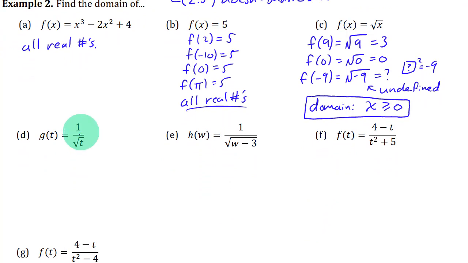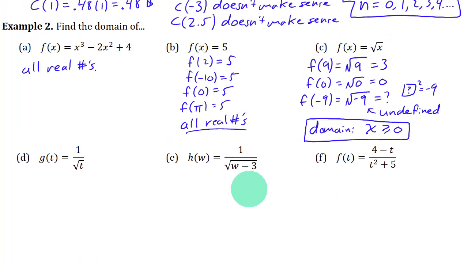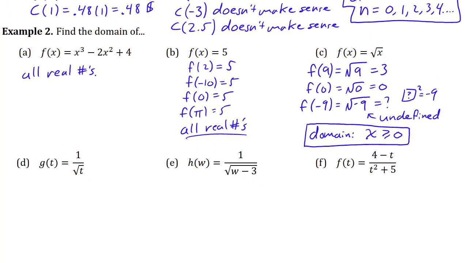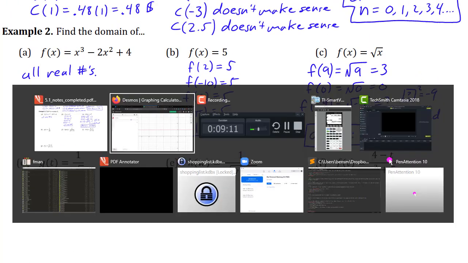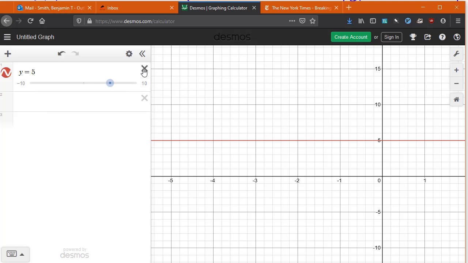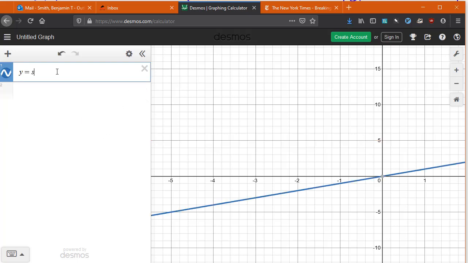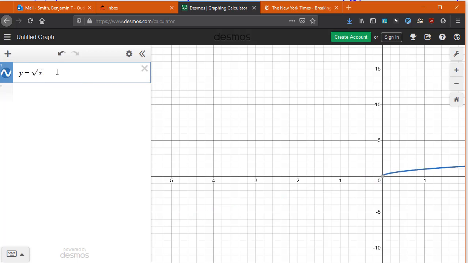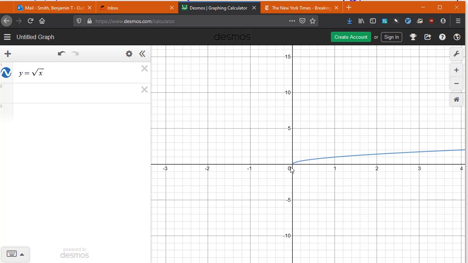So what if you have 1 over the square root of t? Oh, and by the way, before I go on to part D, what I wanted to do is look at a graph really quick of part C. If you make a graph of y equals the square root of x, you can see over here that there are no points on the graph when x is a negative number over here.